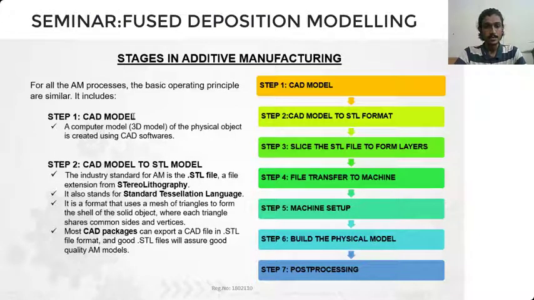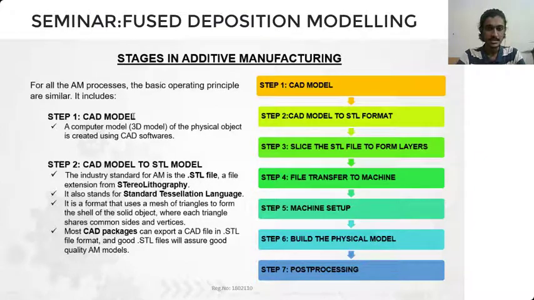First, the CAD model. In CAD model production, we can use software such as SolidWorks, ProE, and many other CAD packages to produce a 3D model. Then conversion of the CAD model to an STL model.